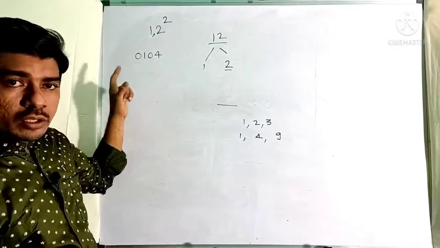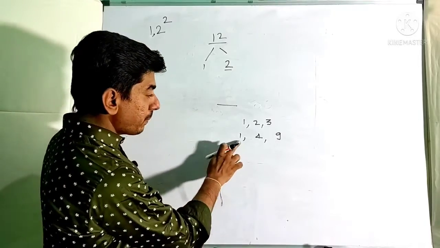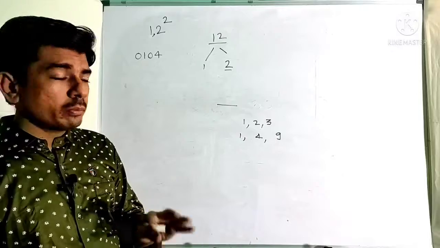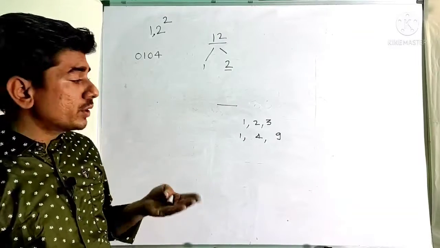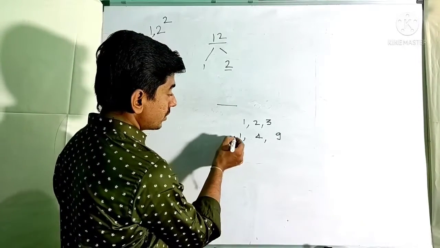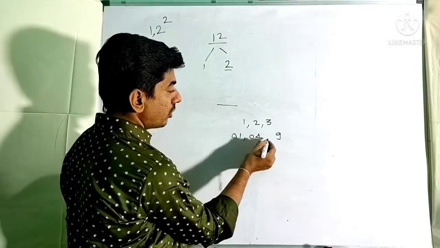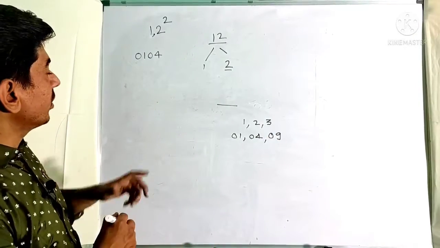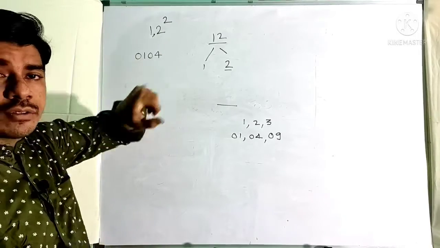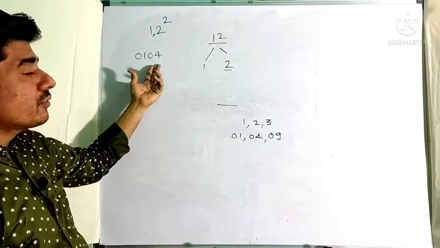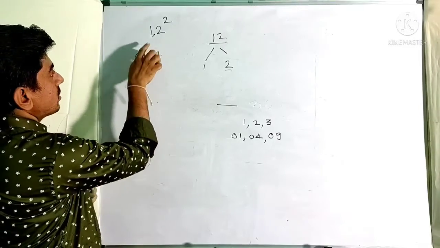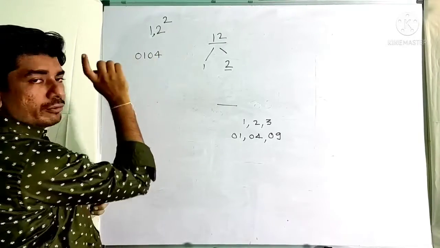But while using this method, we are not going to write it simply as 1, 4 and 9. We are going to write it in 2 digits. How do we make it 2 digits? Add 0 to the left. It will not change the value, but it will convert it into 2 digits. Here also I am getting the square of 2 as a single-digit number, so I have changed it into a 2-digit number. This is the square of 1 and this is the square of 2.